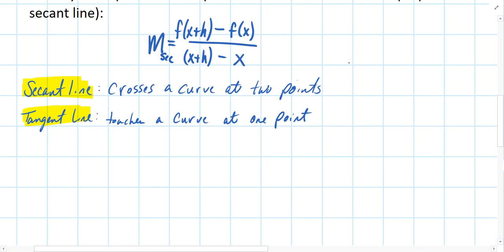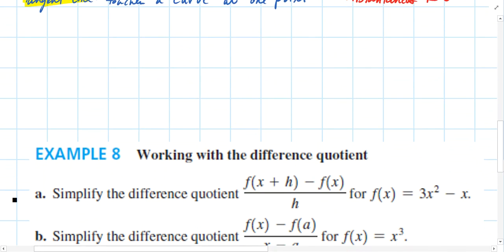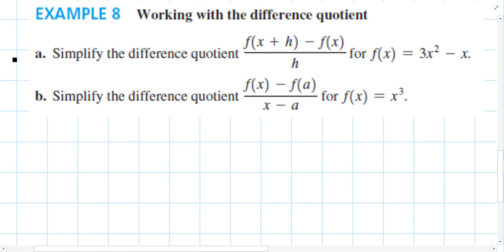And it's this secant line that gives us an average rate of change, whereas a tangent line, something that our calculus students complete, would give us what we call an instantaneous rate of change. So for now, we're going to live in the world where an average rate of change is good enough for our purposes, but eventually we're going to be calculating instantaneous rates of change.